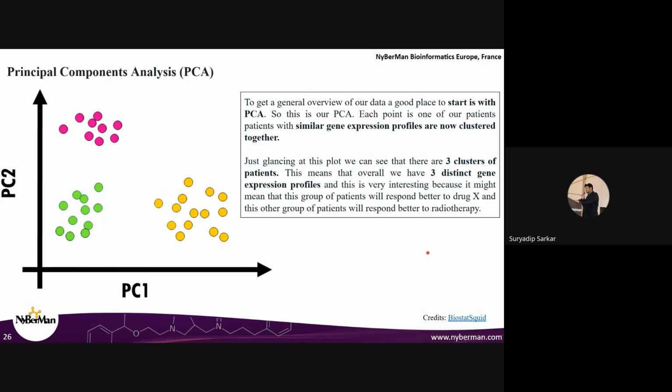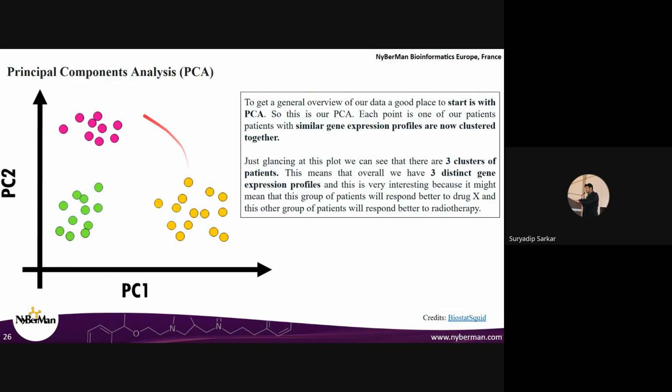If these patients have different gene expression profiles, that will be something specific to my study design. It will tell me whether, for example, these particular patients with such gene expression profiles are more likely to respond better to a drug that I have developed in my lab, which is X. These others, with this gene expression profile, might be much better adapted to go through radiotherapy and not the drug that I have prepared in my lab.